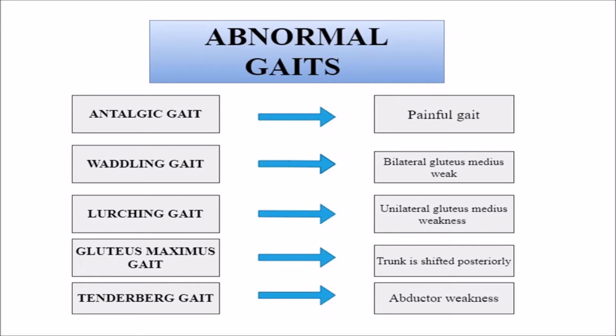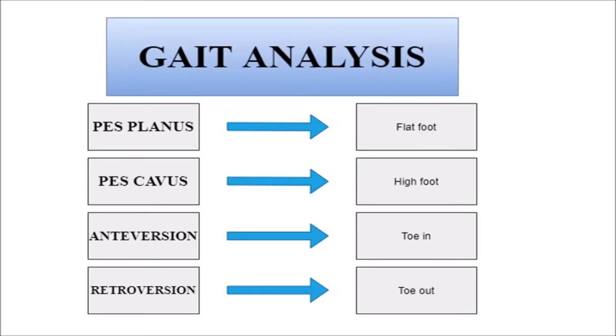These are the abnormal gaits which you generally check in a neuro patient. Next, when you do a gait analysis, there are other things to check like pes planus, pes cavus, anteversion, retroversion, knock knees, and bow legs. You check each and every point.